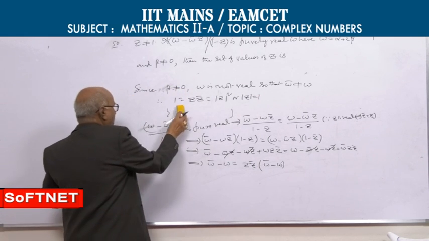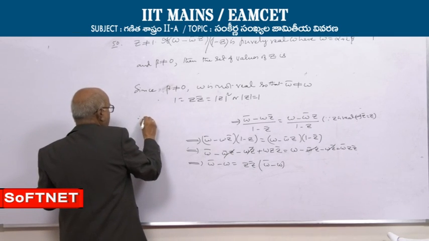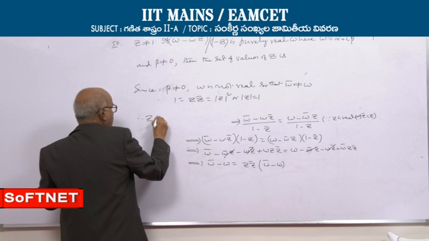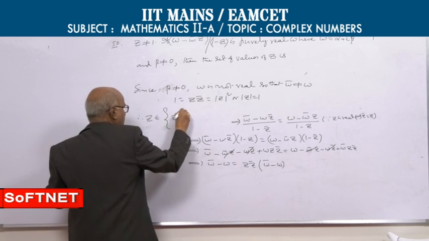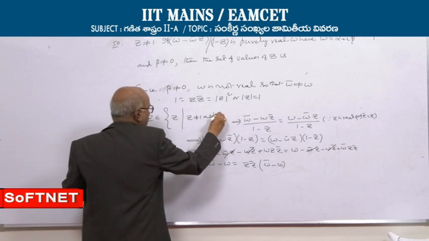So z belongs to the set of all z such that z is not equal to 1 and |z| = 1.